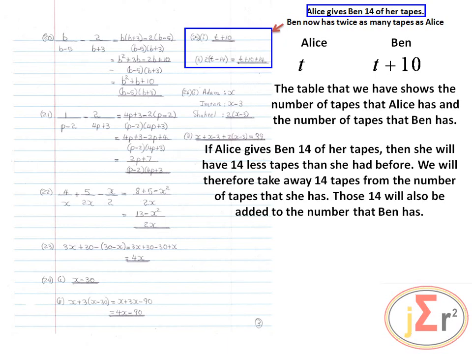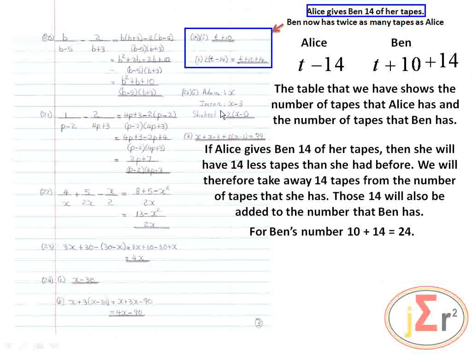So while we subtract 14 from Alice's number, we will add 14 to Ben's number. It is as simple as that. For Ben's number, 10 plus 14 is equal to 24. So T plus 24. Of course, no problem.